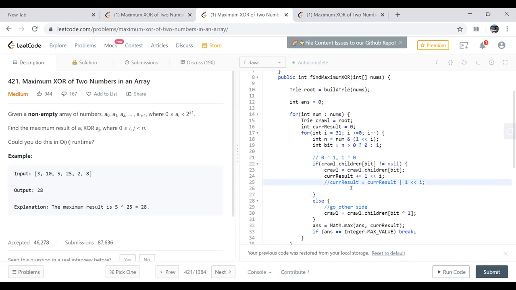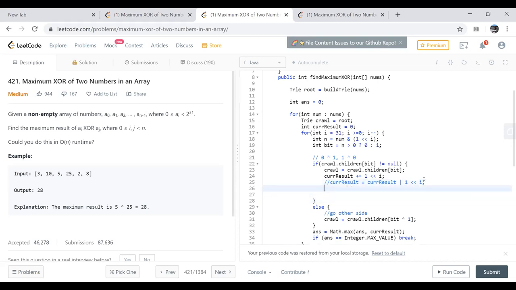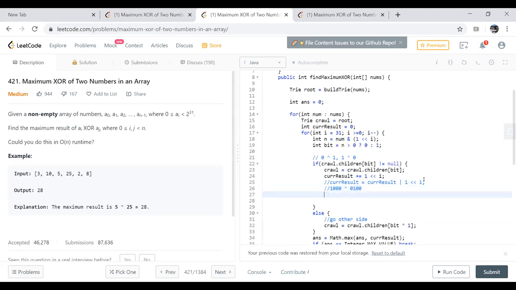So let's assume earlier the current result was something like 1, 0, 0, and now my i is, let's say, 2. So it will do this OR, 0, 1, 0, 0 OR, and the answer will become 1, 1, 0, 0.